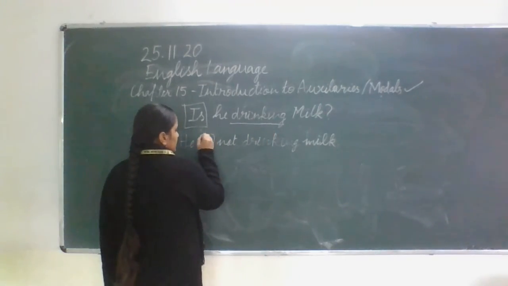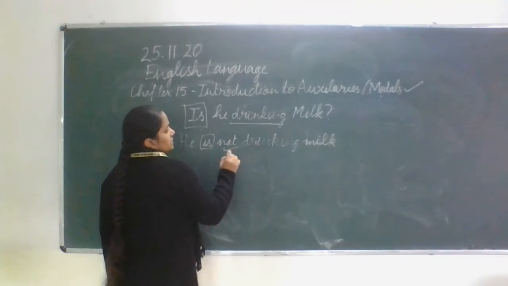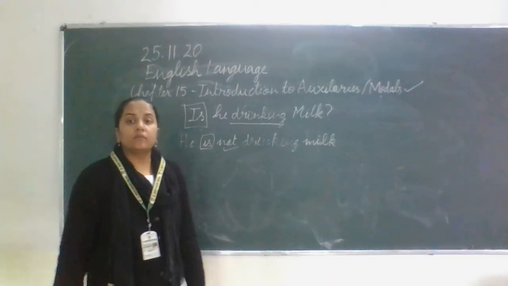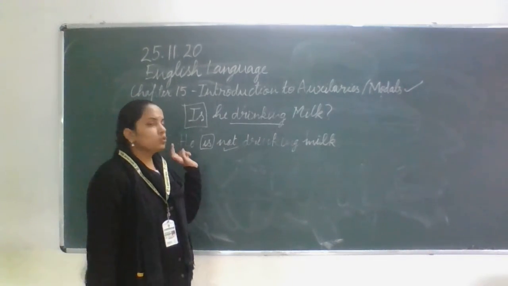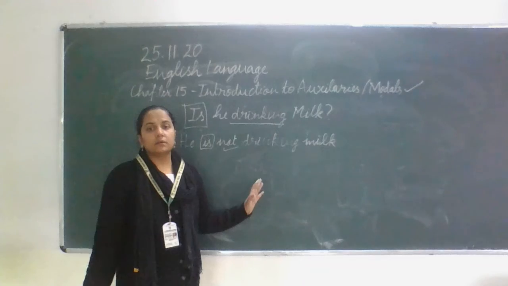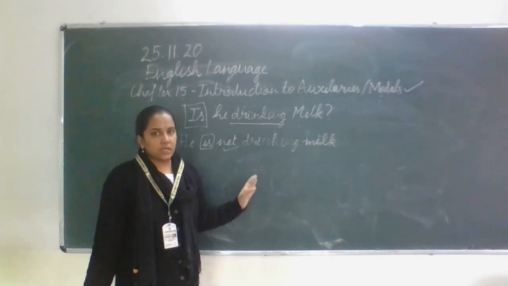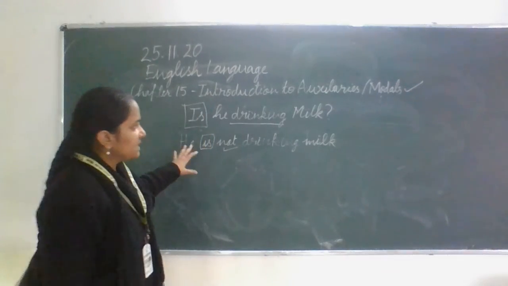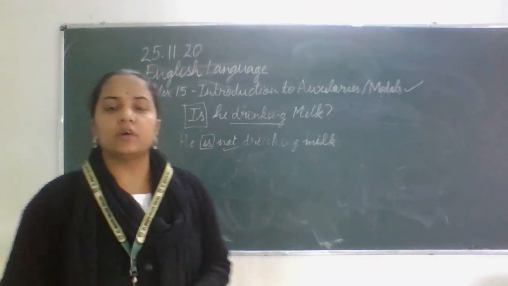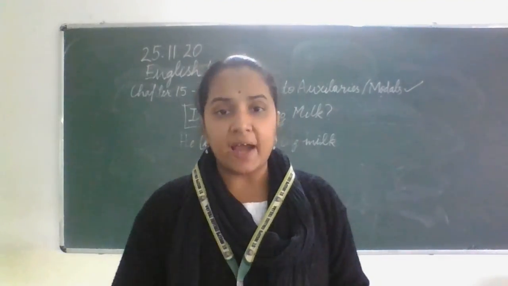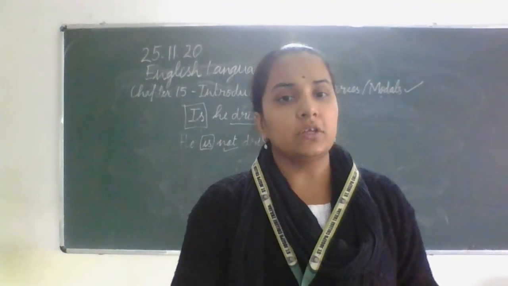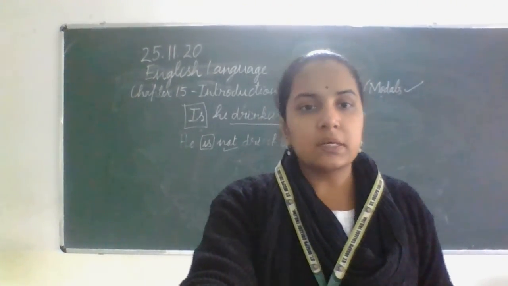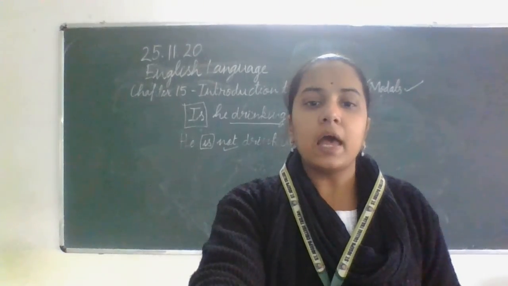Here, is is the auxiliary verb which is used before the word not to make it a negative sentence. So this is the basic structure for the auxiliary verbs and the modals, why they are used, and how we can use the auxiliaries and the modals in a sentence.